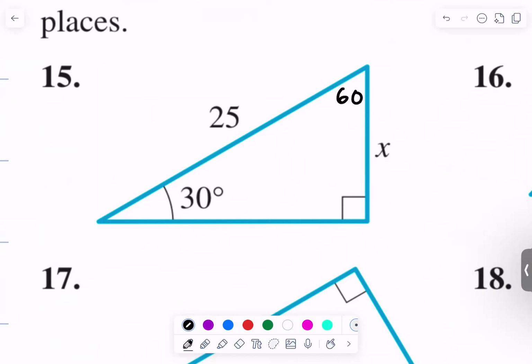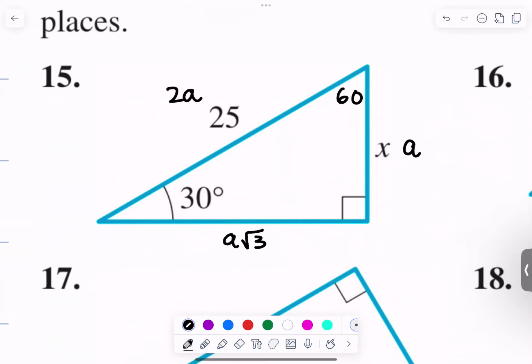Remember the ratio of the sides: across the 30 is A, across the 60 is A square root of 3, across the 90 is 2A.